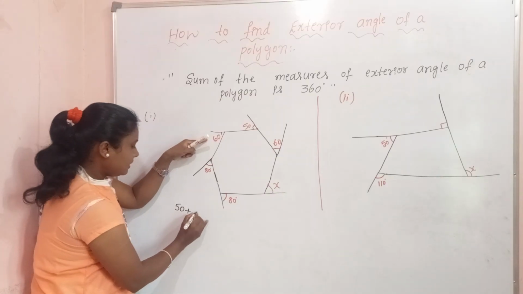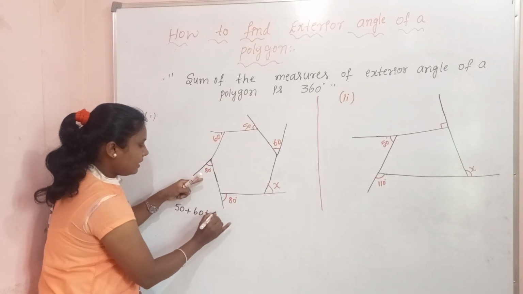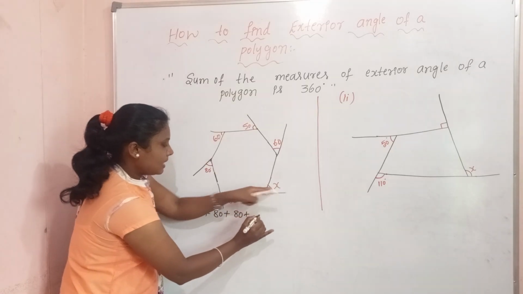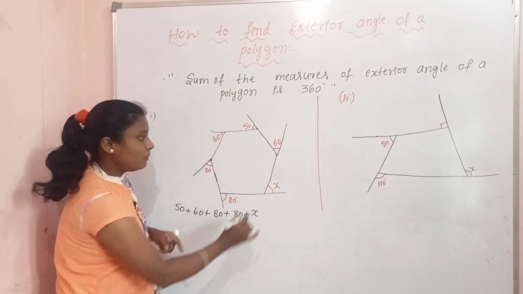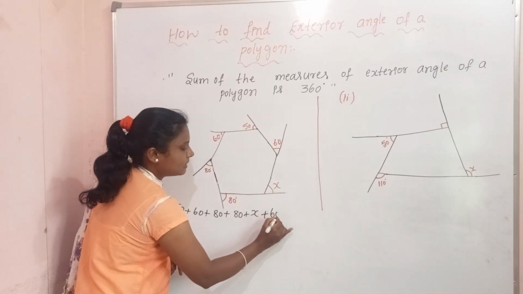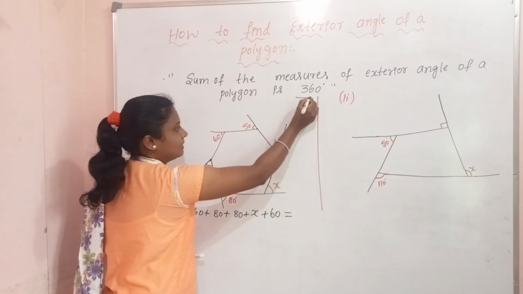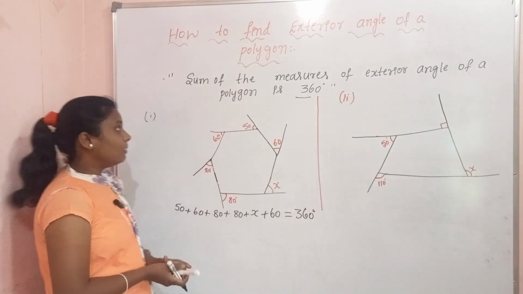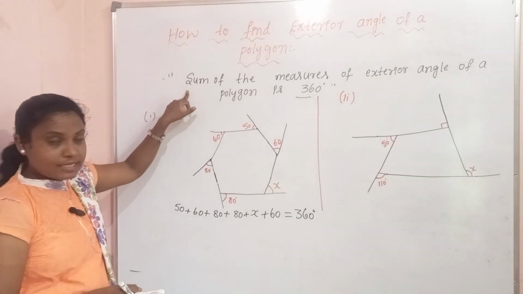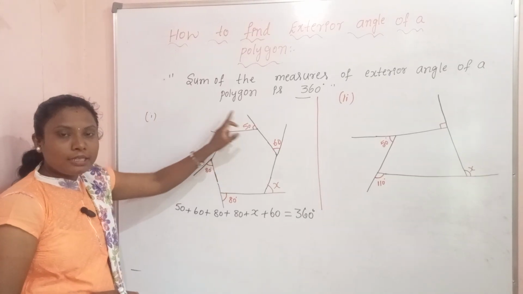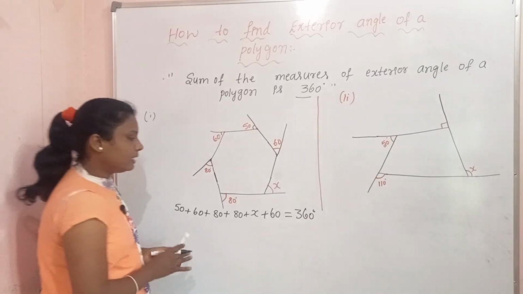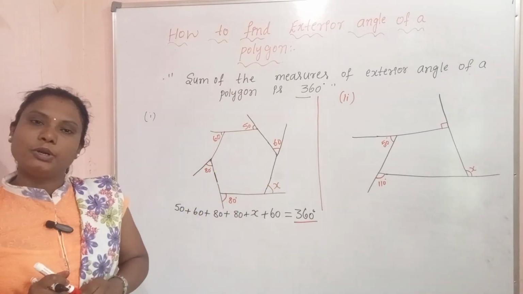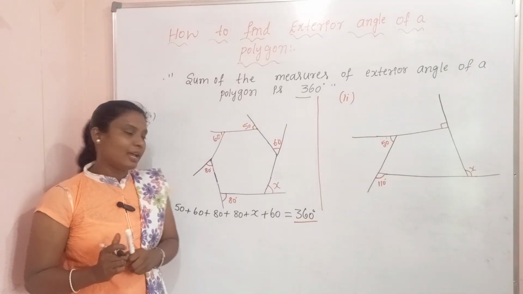Next it is 60 plus 80 plus 80 plus x, which is the value we don't know, plus 60, which equals 360. This is the formula we need to apply. Sum means addition. If you add all the angles, you will get the answer 360 degrees. Using this property, we are going to find the exterior angles.